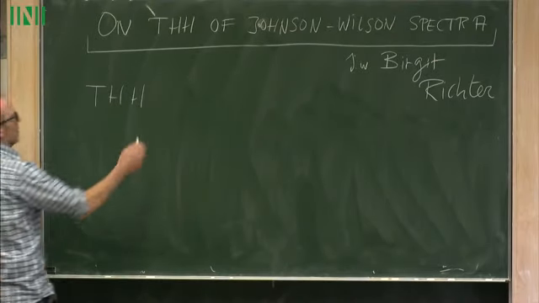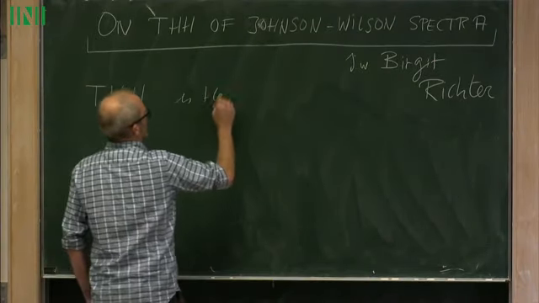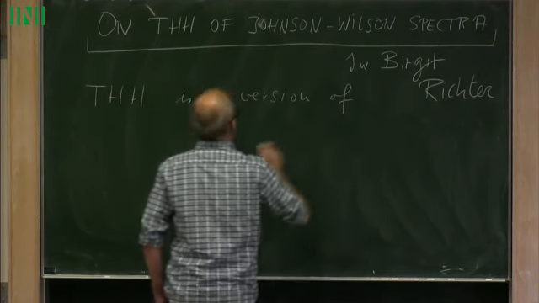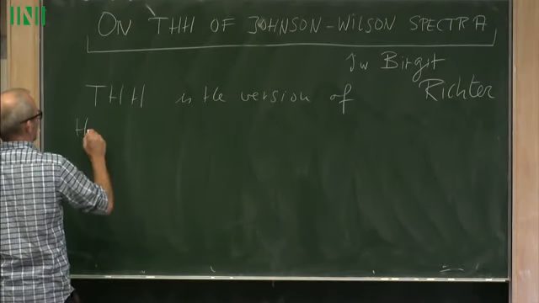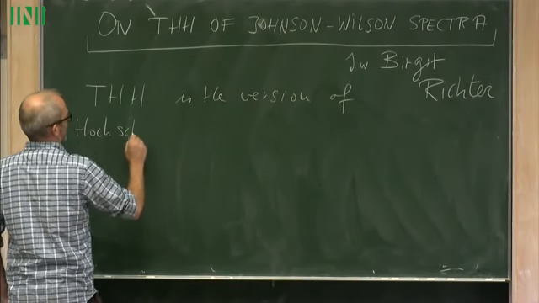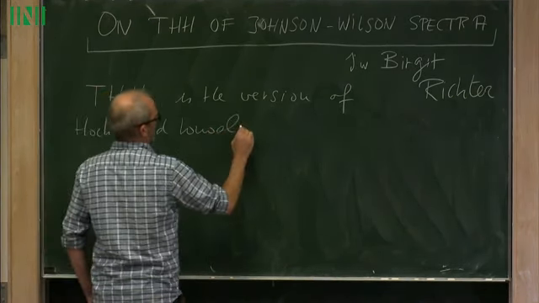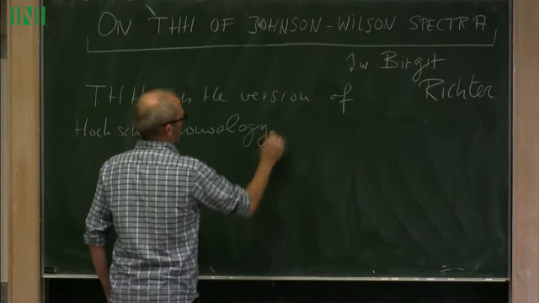It is the version of Hochschild homology for ring spectra.